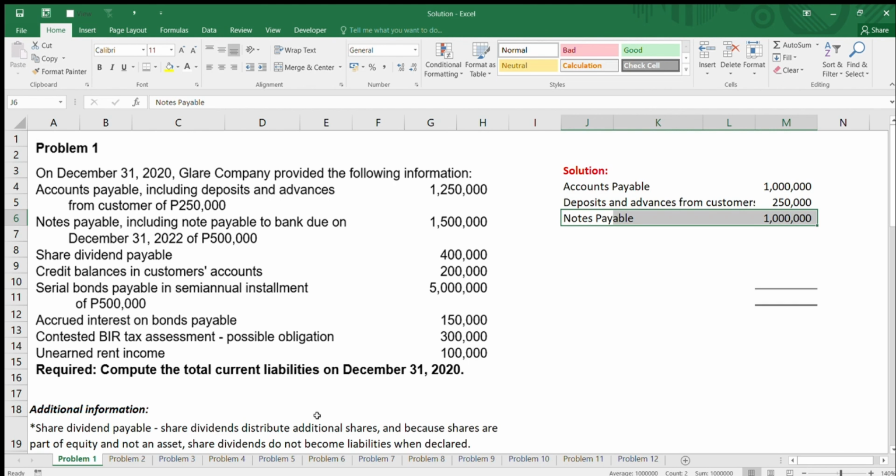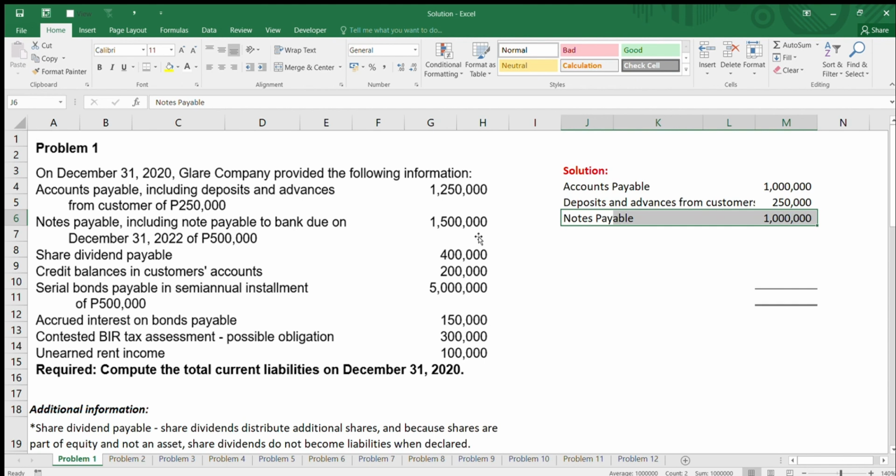So we will not include it, because it is not part of liabilities. If we make the entry, the only accounts involved are retained earnings, which is equity, paid-in capital and retained earnings. More on that later in this course, because that is already included in shareholders' equity.